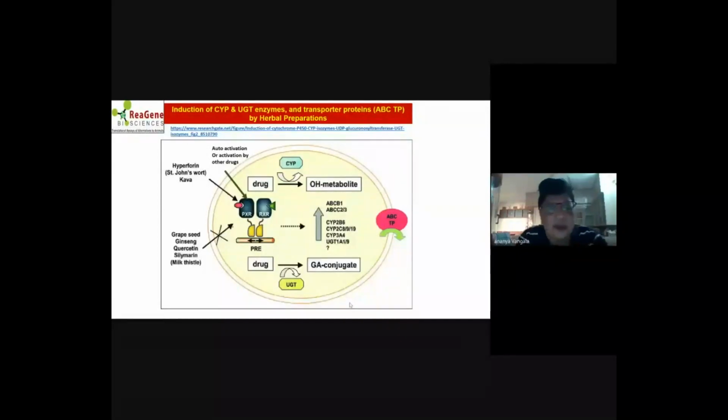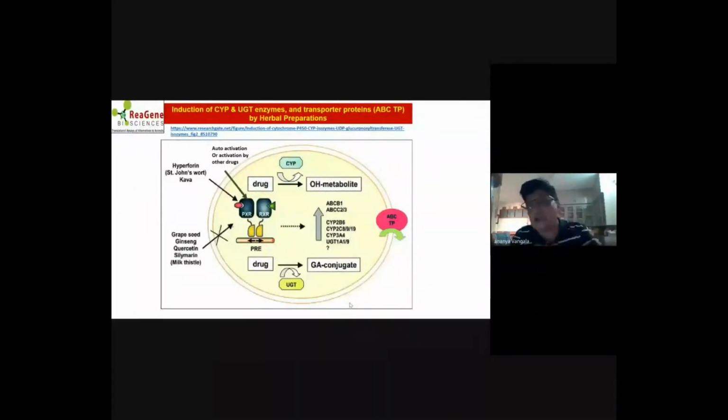And that PXR actually goes into the nucleus and activates the gene, and the same gene that metabolizes the drug gets transcriptionally activated, and more enzyme is produced. So more drug is metabolized. So after 2 weeks, your drug is not working anymore because the drug is not there. It is metabolized and thrown out of the body, right?